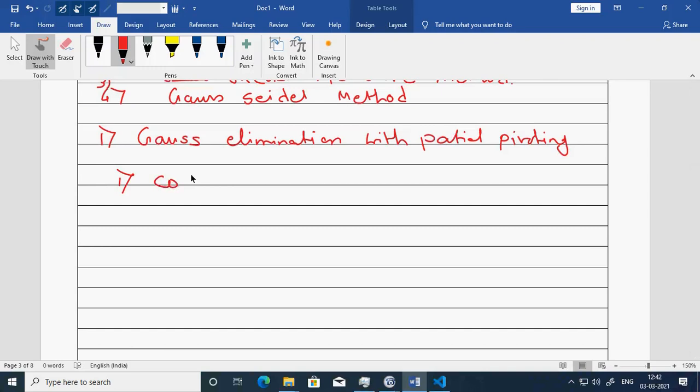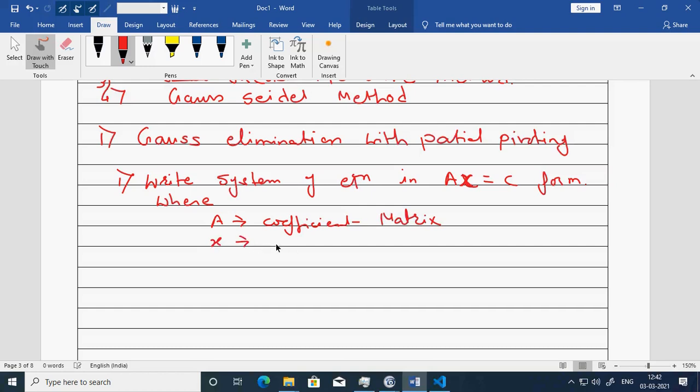First step is to write the system of equations into AX = C form, where A is the coefficient matrix, X is the variable matrix, and C is the constant matrix.